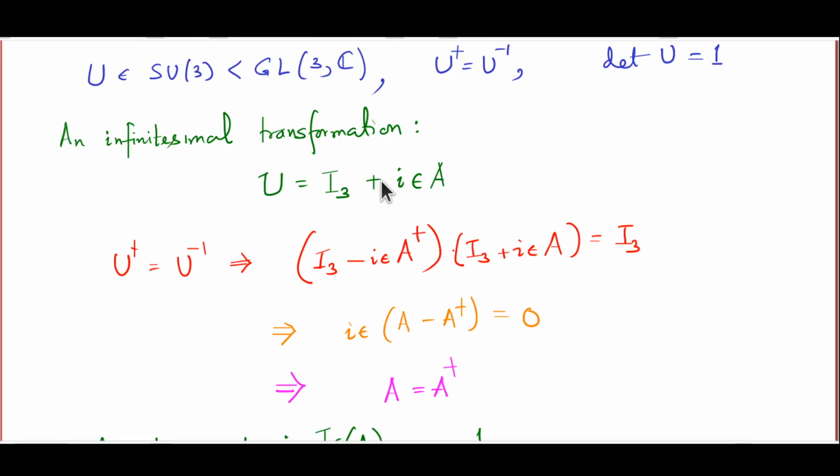It's just a matter of whether I include the i in the parametrization or in the matrix itself. This is not the only constraint, however, as you must have realized. All that A equal to A dagger ensures is that the matrix U is going to be unitary, at least to first order, in the small deviation parameter.